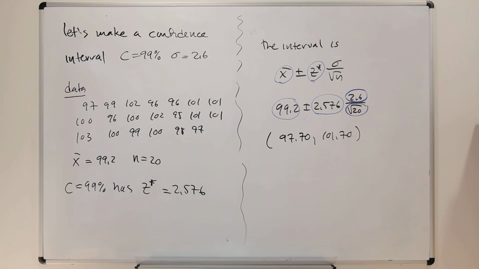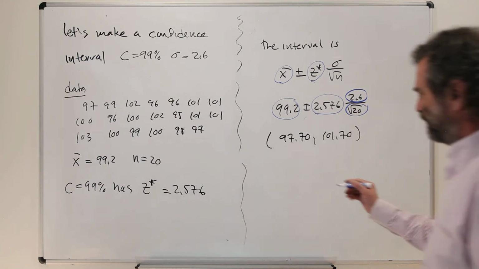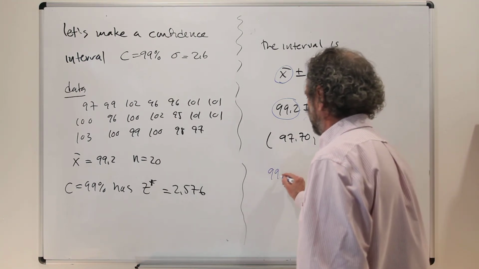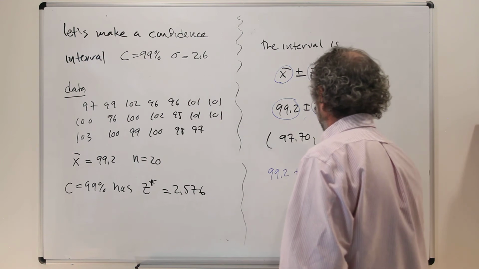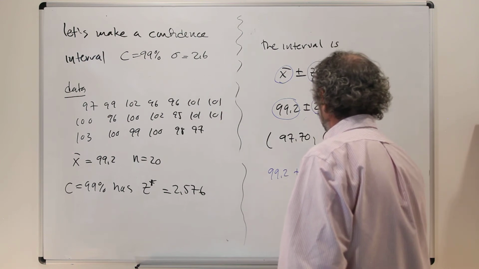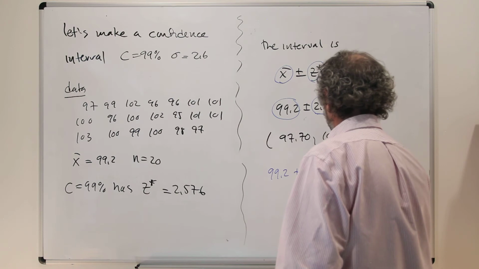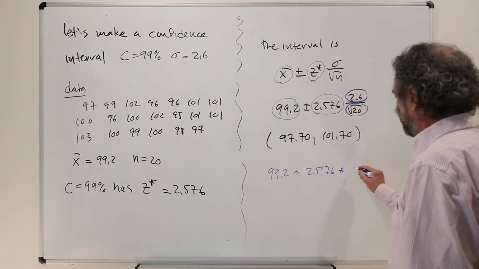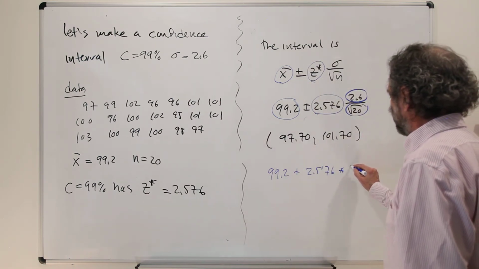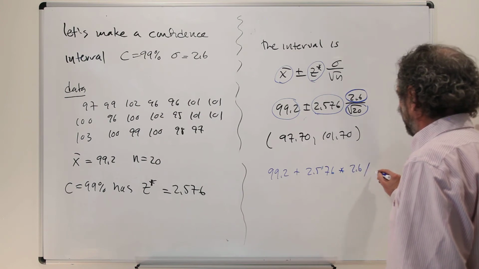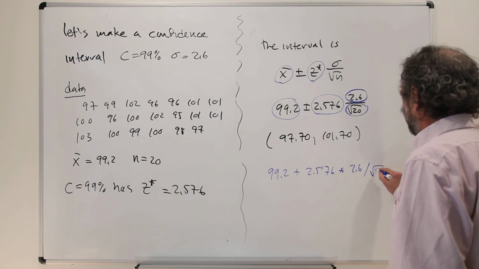So you have to be careful when you put that in your calculator. Let's see how that would look. So you go 99.2 plus 2.576 times 2.6 divided by the square root of 20, like that.